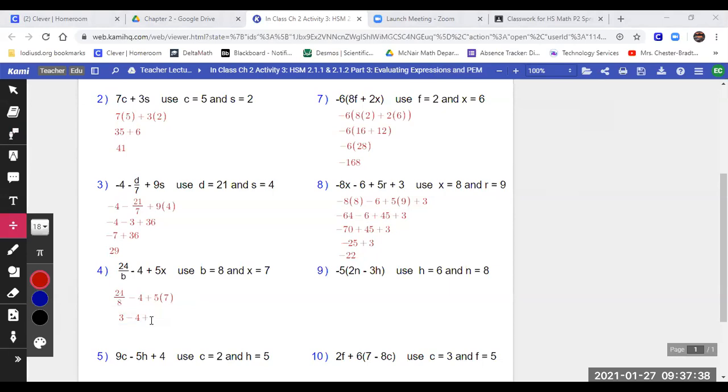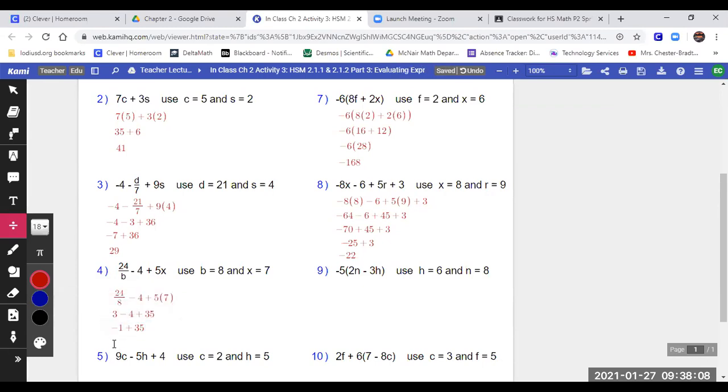So we stick a 35 in here. Now we're going to take it one piece at a time. That says 3, take away 4 first. What happens if we have 3 and we take away 4? What are we going to get? Yep, we're going to get a negative 1 because 4 minus 3 is 1 and 4 was negative. So negative 1, and then we have a plus 35 for our final answer.